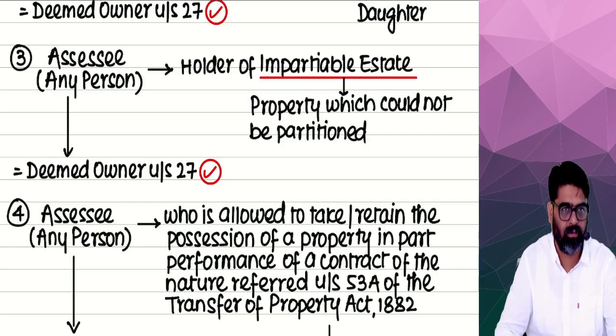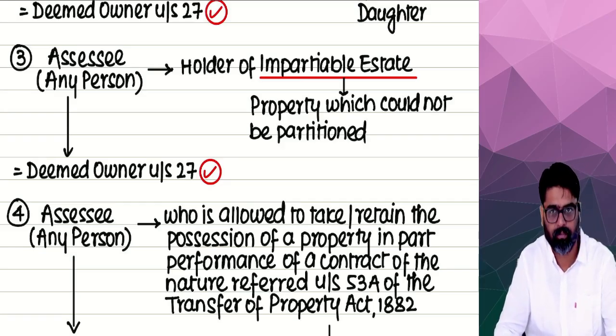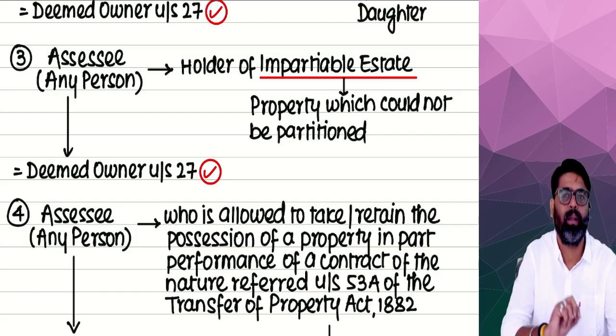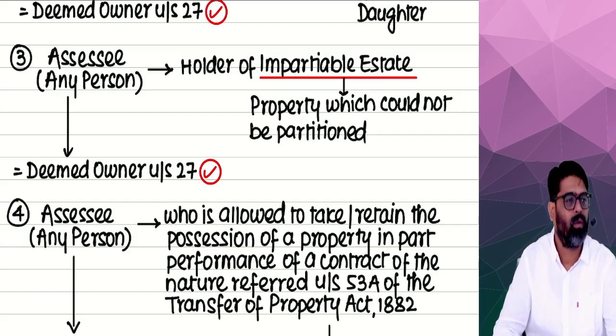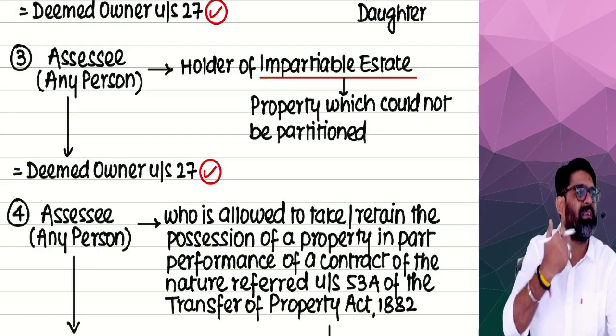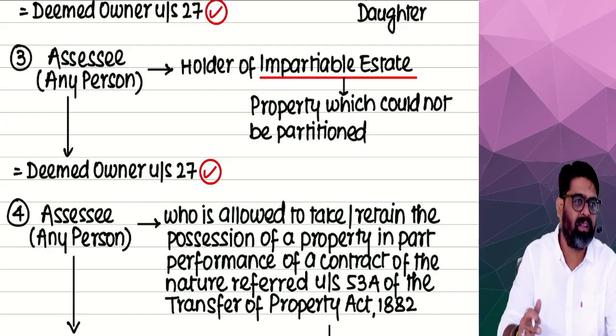Now I'll give you one example. There was Mr. X. He died. At the time of his death, he made his will. In that will, he is transferring all his assets to his three sons, A, B, and C. All the assets, bank balance, everything, he distributed, he partitioned among his three sons.